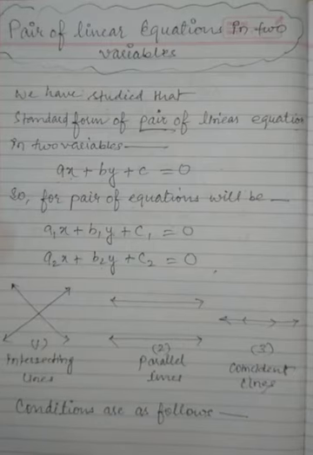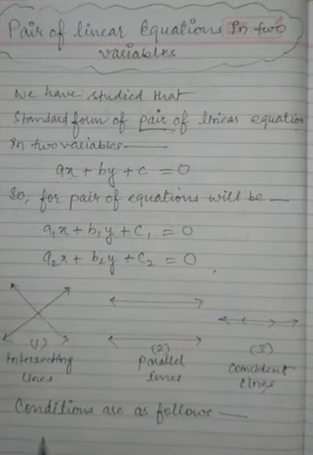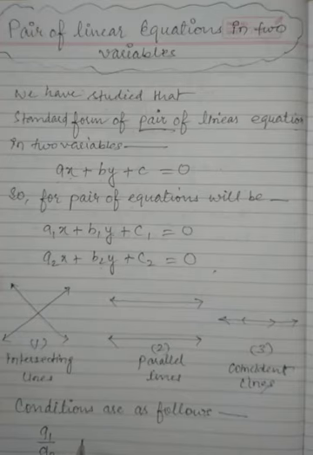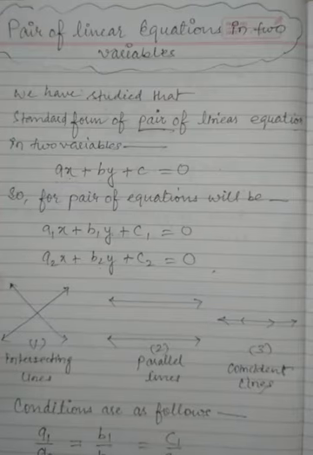The first condition we have is A1 upon A2 is equal to B1 upon B2 is equal to C1 upon C2. Let us keep them all together with equal to sign. Now, in first condition, if A1 upon A2 is not equal to B1 upon B2, okay?